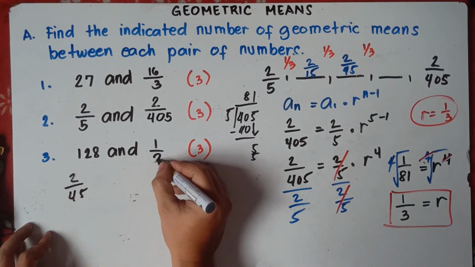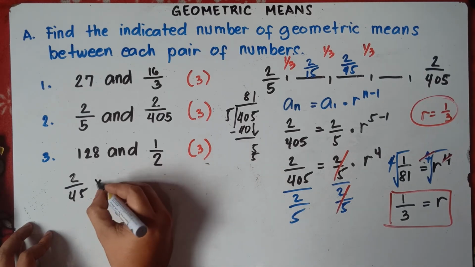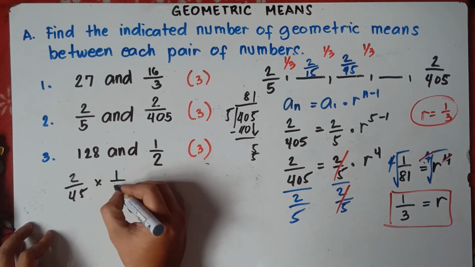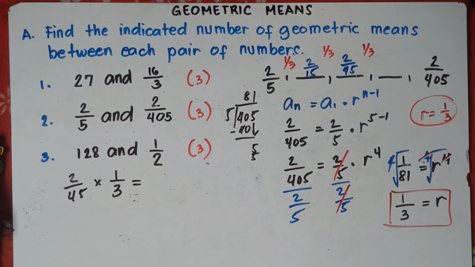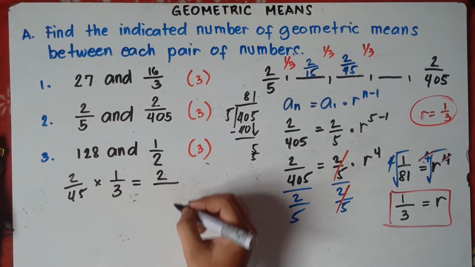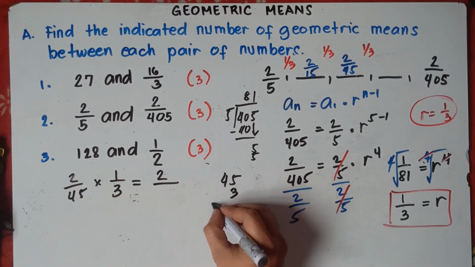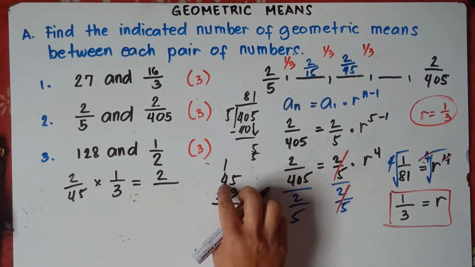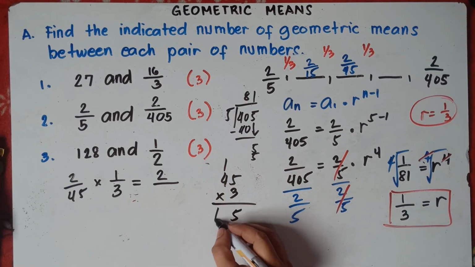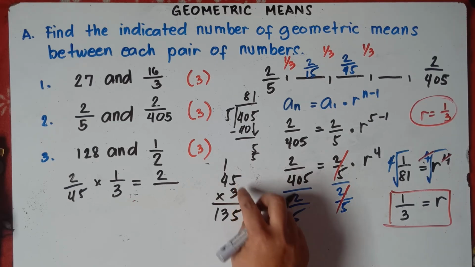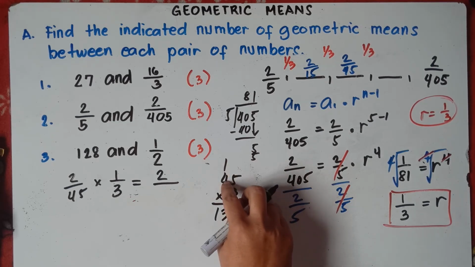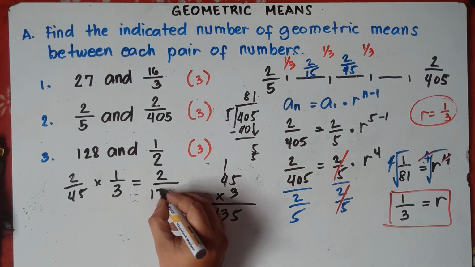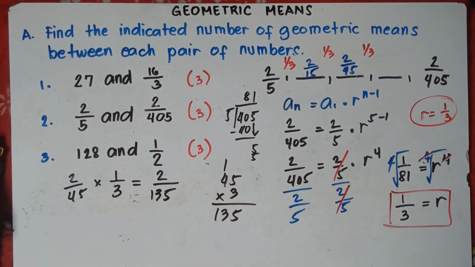So this will be 2 times 1 is 2. 45 times 3. So 3 times 5 is 15. Carry 1. 3 times 4 is 12. Plus 1 is 13. Let me check. 3 times 5 is 15. 5 carry 1. 3 times 4 is 12. Plus 1 is 13. 2 over 135.